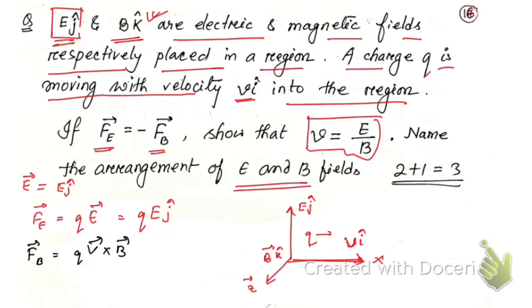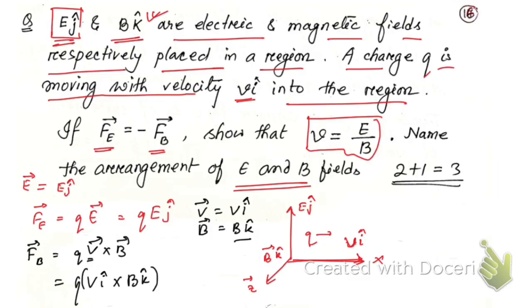Here velocity is v i cap along x axis, and magnetic field is B k cap, along z axis. I will show you the note which is written clearly, but first let me explain. Instead of v we put here v i cap, and cross here B k cap.